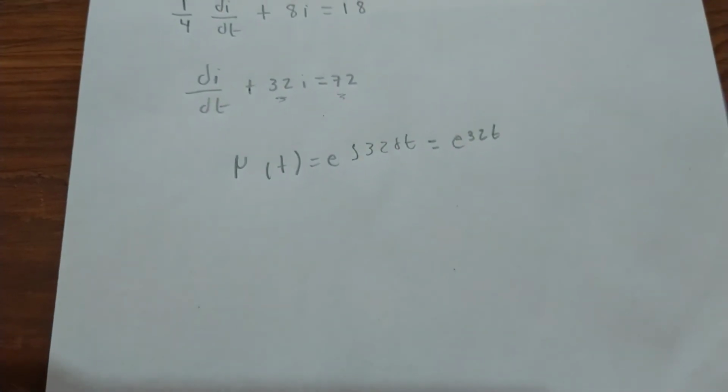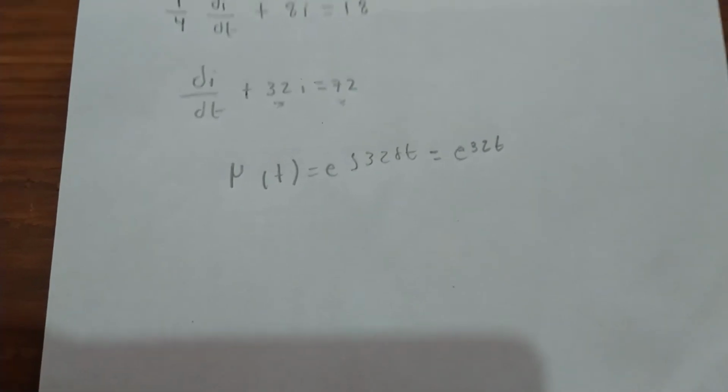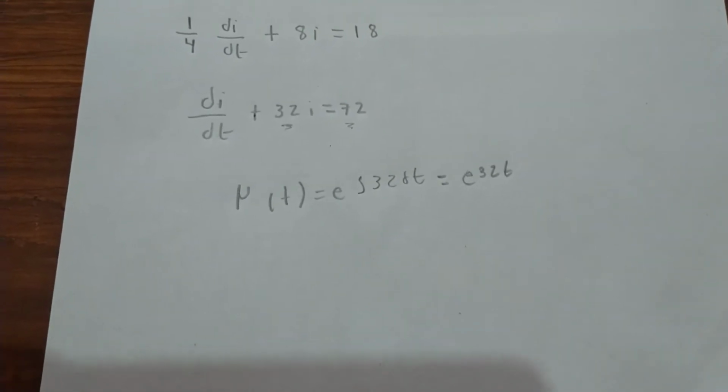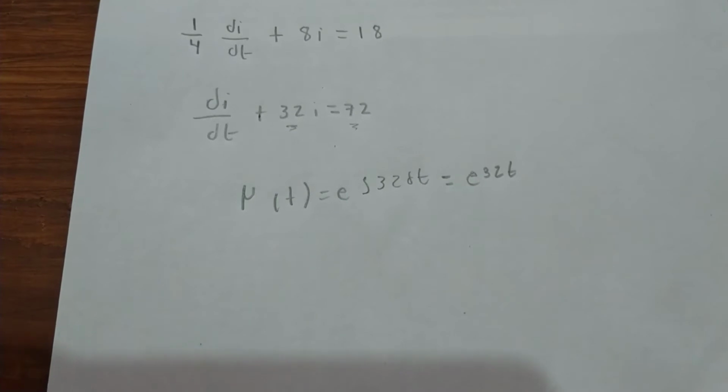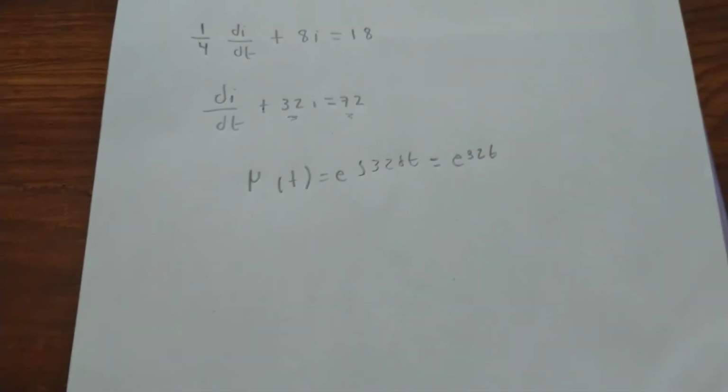Now we'll multiply both sides of this differential equation by e raised to the power of 32t.